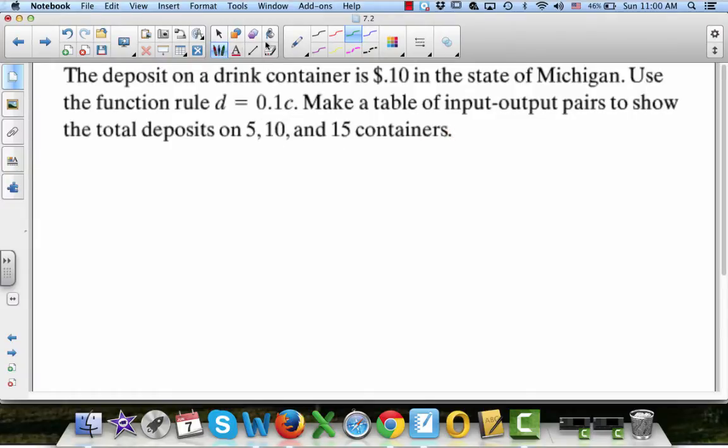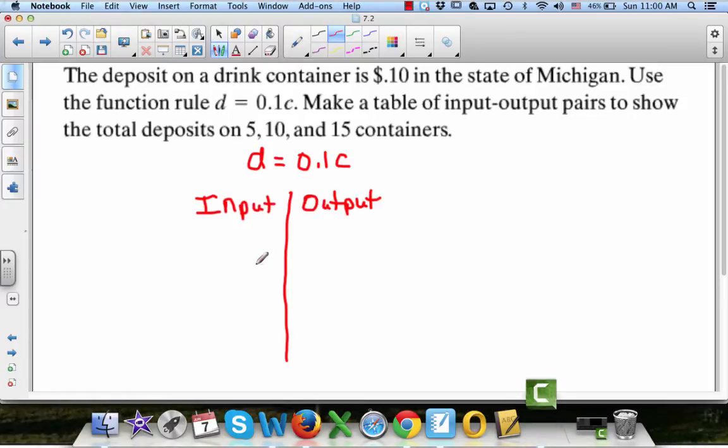So we've got D equals 0.1 C, and we're going to have input and output. Okay, we want to know the output for 5, 10, and 15.